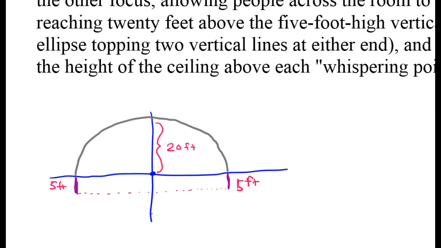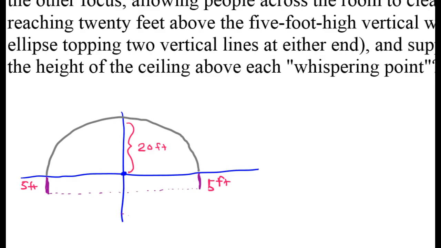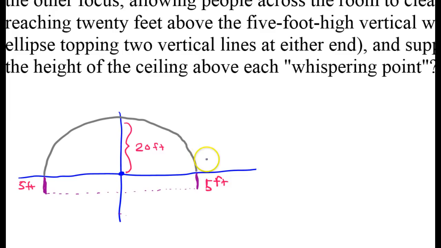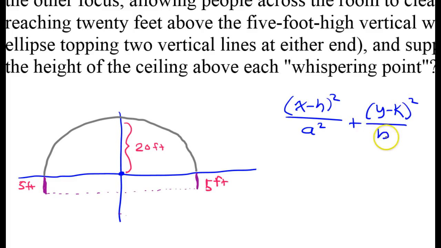So I am going to need an equation of this ellipse to be able to do anything. So remember, if I have a horizontal ellipse like this, the equation is normally x minus h squared over a squared plus y minus k squared over b squared equals 1.